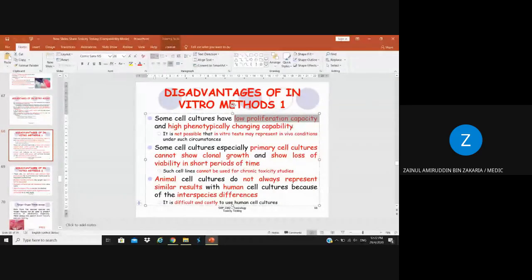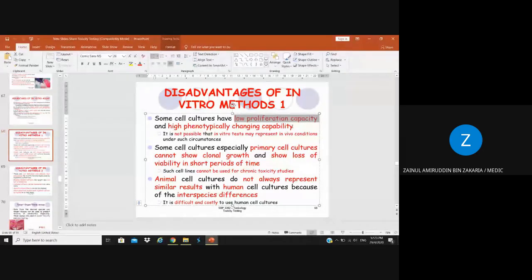You cannot assume that the condition you use for in vitro is similar to the in vivo condition. Like I told you yesterday, in vivo you have the liver to metabolize the substance, and as you have learned in pharmacology, certain drugs, after being metabolized in the liver, are more effective than their parent compound.